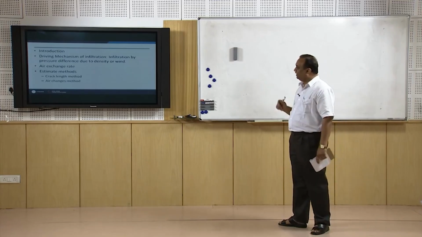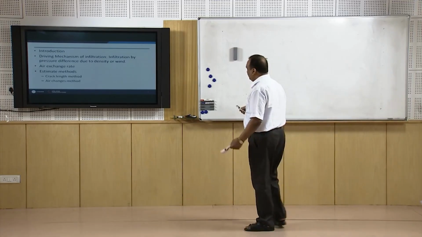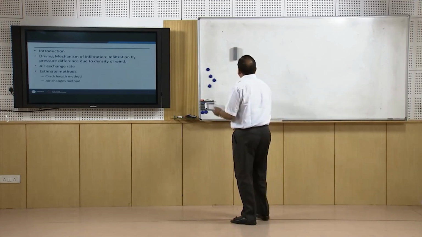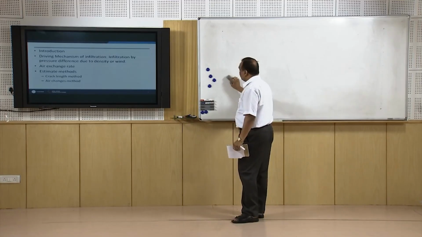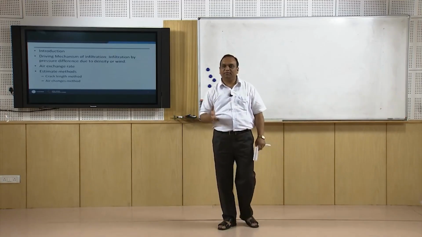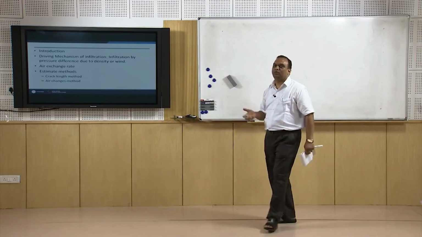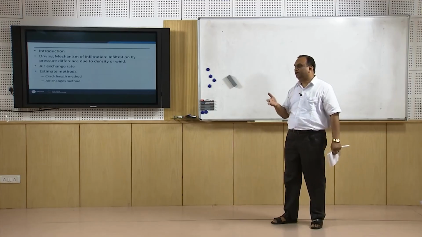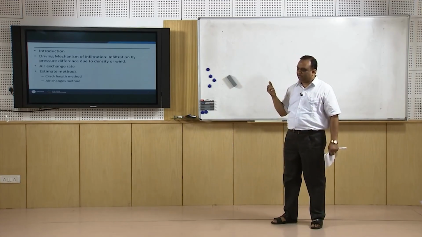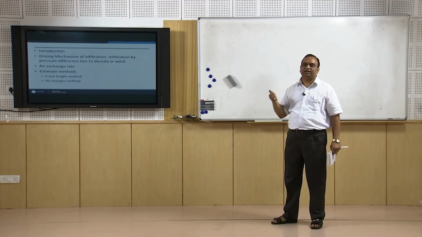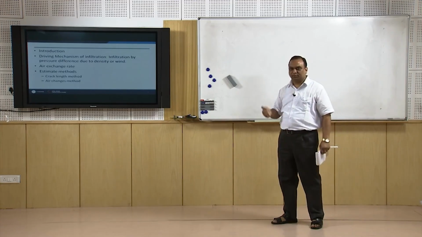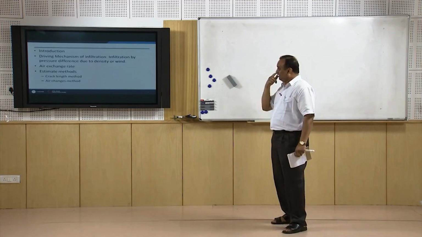Normally it is used by practicing engineers. Now we have to quantify the air tightness of the building, because no building is absolutely airtight. We can always say that the air tightness is very good, or fair, or poor, or excellent.